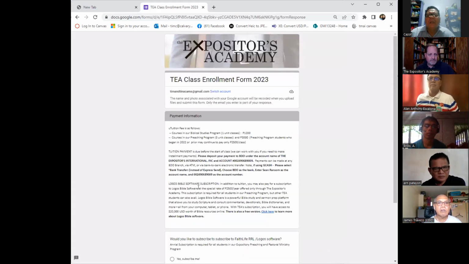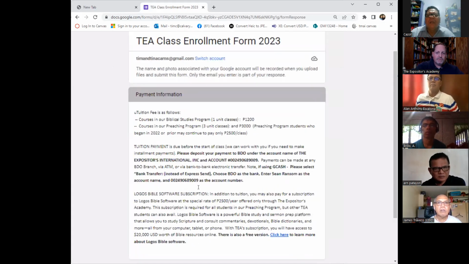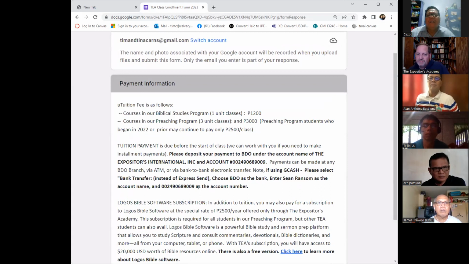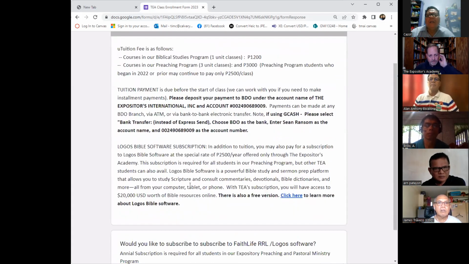And then the next page. Now this one is speaking about tuition. If you want, you can directly deposit tuition for the program, which for us is 2,500 pesos, or we'll take care of that when we meet together in May for the module, as we have done in the past.